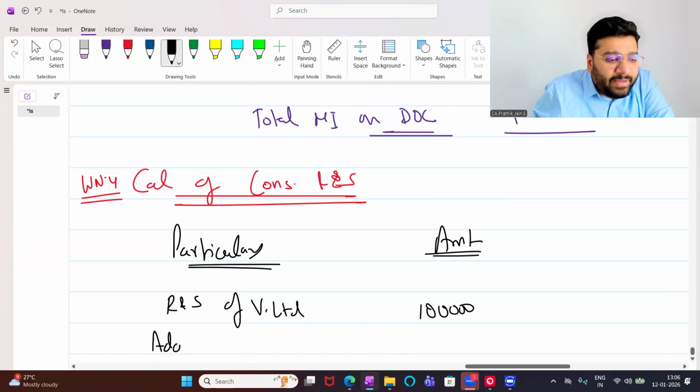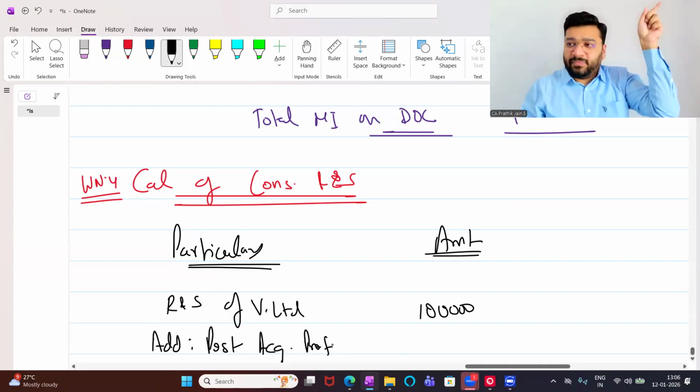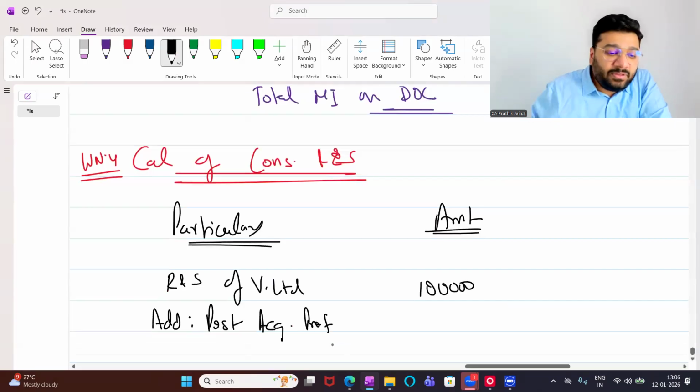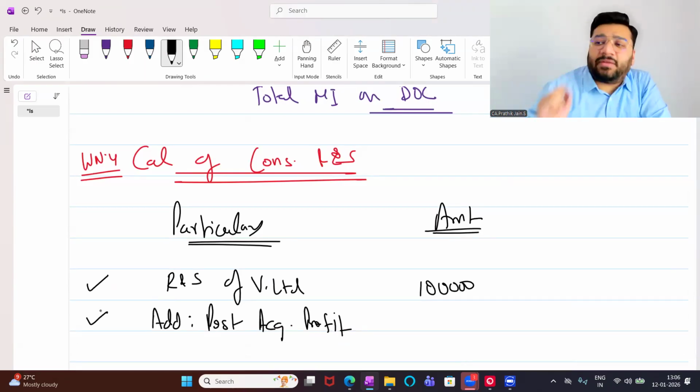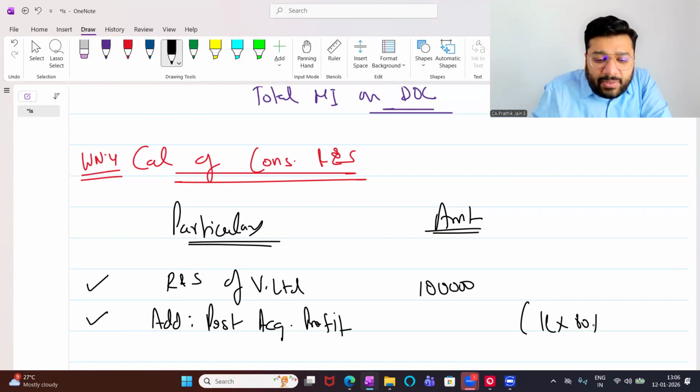With that, what do we add? Always post-acquisition profit belongs to us; pre is belonging to the old shareholder, post will belong to us, post is belonging to holding company. This is the holding company's profit in the subsidiary company to the extent of their shareholding. How much is it? 1 lakh into 80%, so it is 80,000.